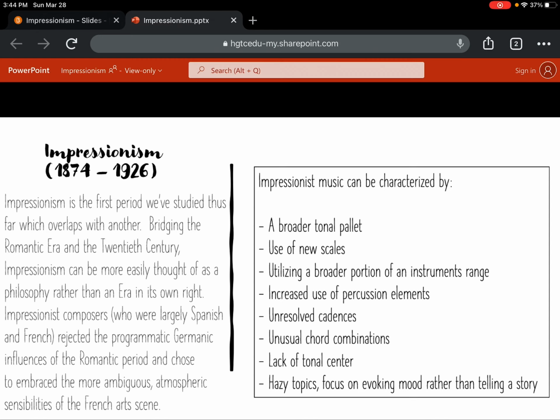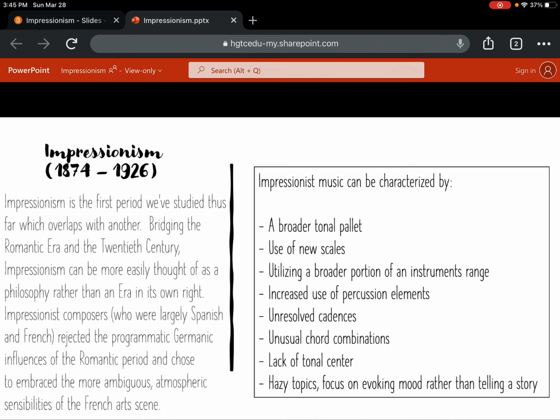And so the more subdued styles of the French and the Spanish in art thought, we need to make our own claim here. And so we see a big juxtaposition.